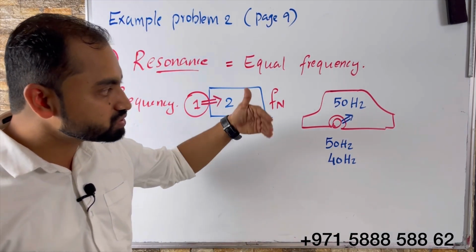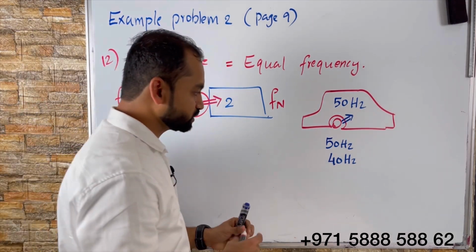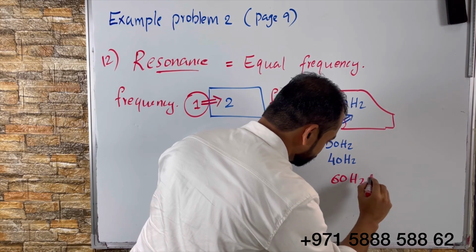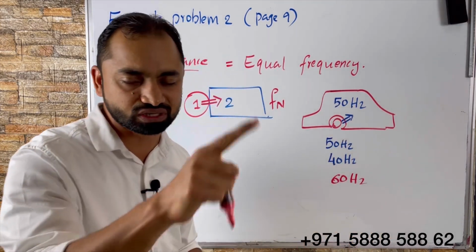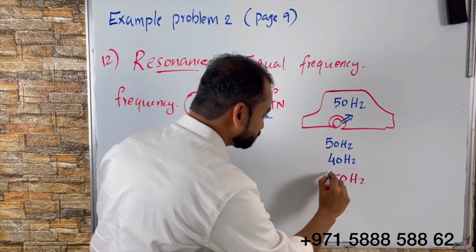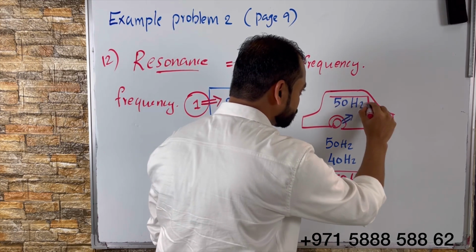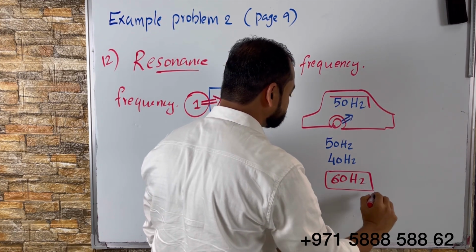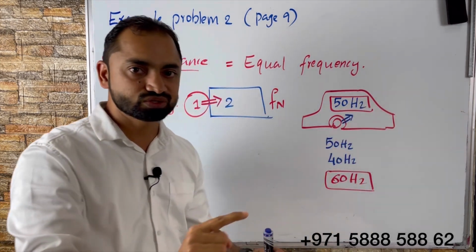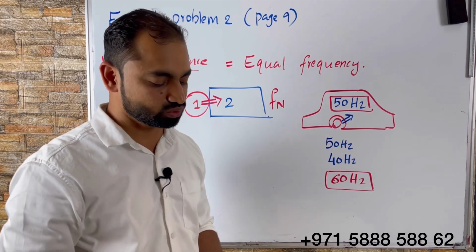And if the speed is increased above 50 hertz, say the rotational frequency is 60 hertz, the car tire is rotating 60 times in 1 second, still the rotational frequency of the tire is not equal to the natural frequency of the car. So energy will not be transferred from the tire to the car.